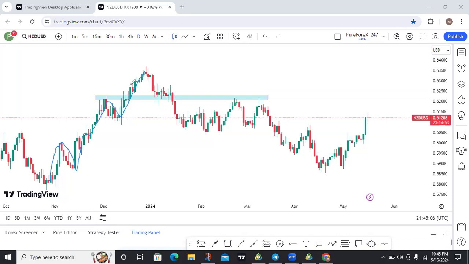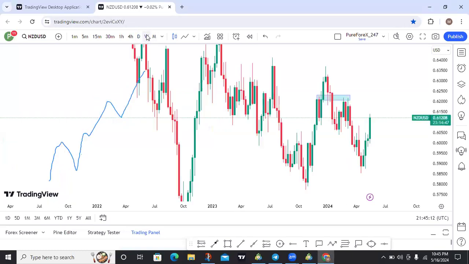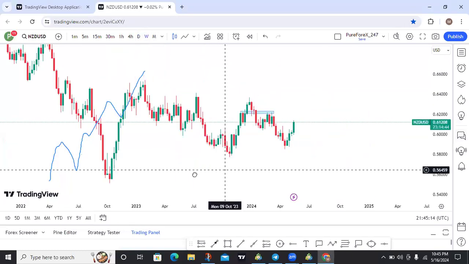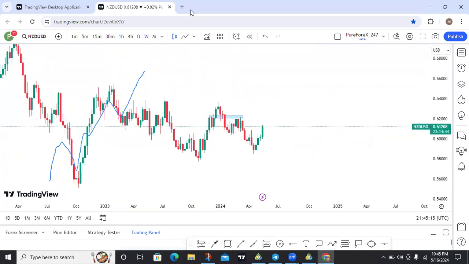And now, when we understand that the weekly time frame, let's go to the weekly time frame, guys. So we understand that this movement, let me clear that chart. You understand that all of this movement from the weekly is just a retracement.